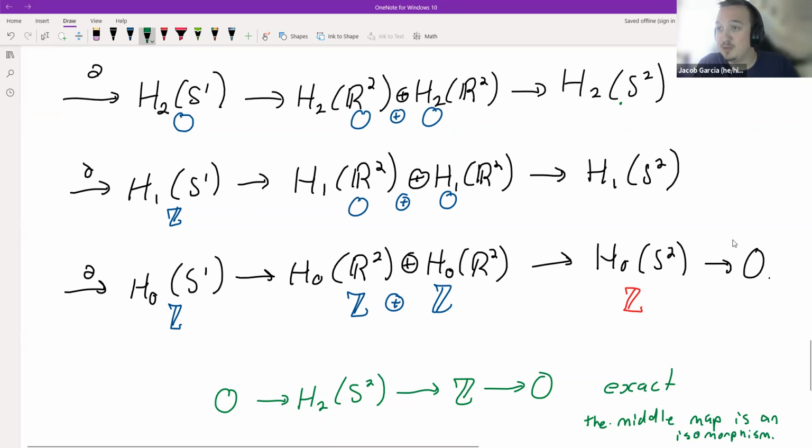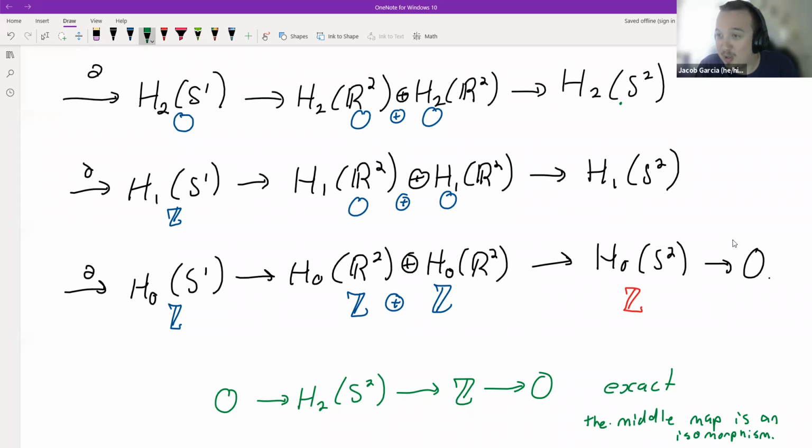When you have 0 group 0 in an exact sequence, this right side is telling me that the middle map is injective. The far left side is telling me that the middle map is surjective. If you just think through the image is equal to the next kernel, here the image is only 0.